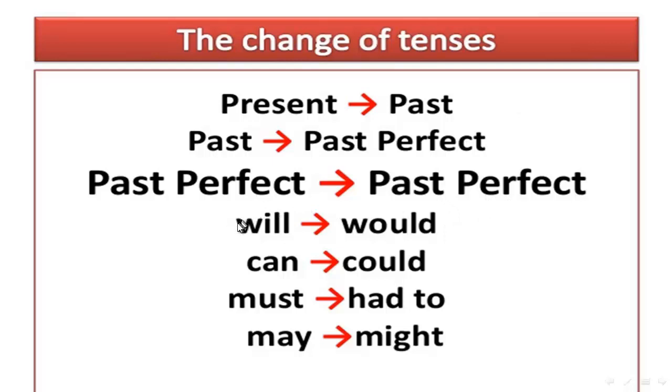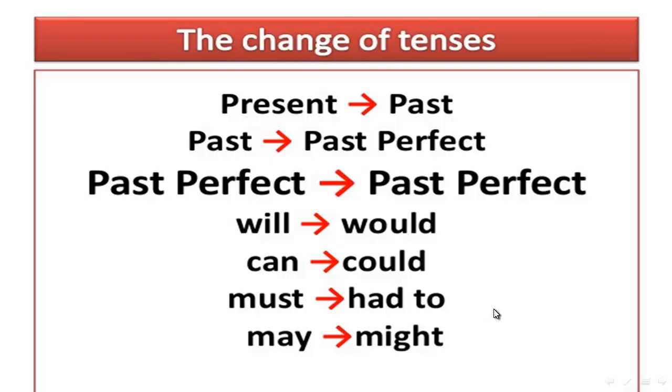And for the auxiliary verbs, will changes to would, can to could, must to had to, may to might.